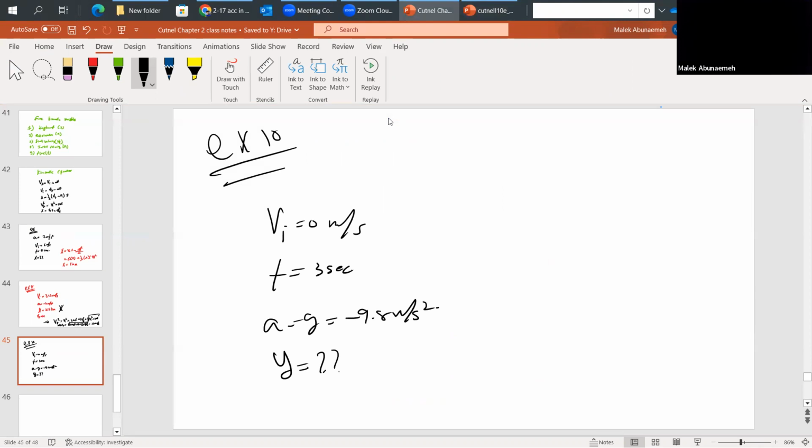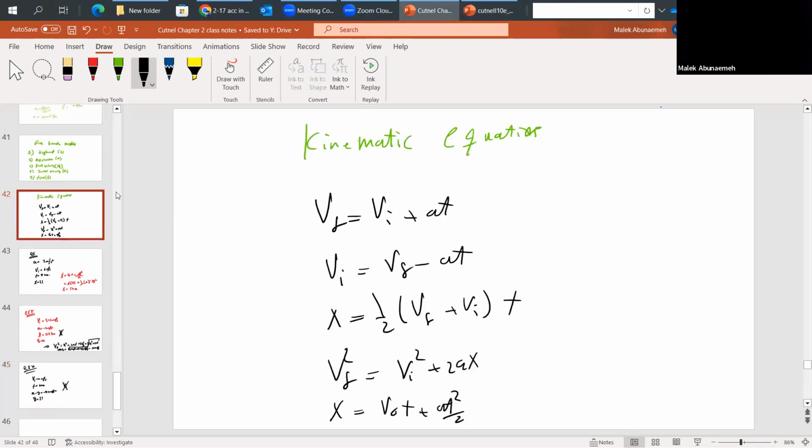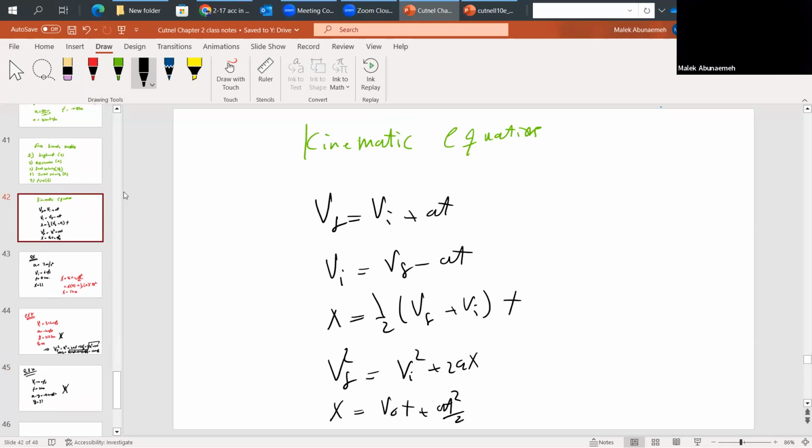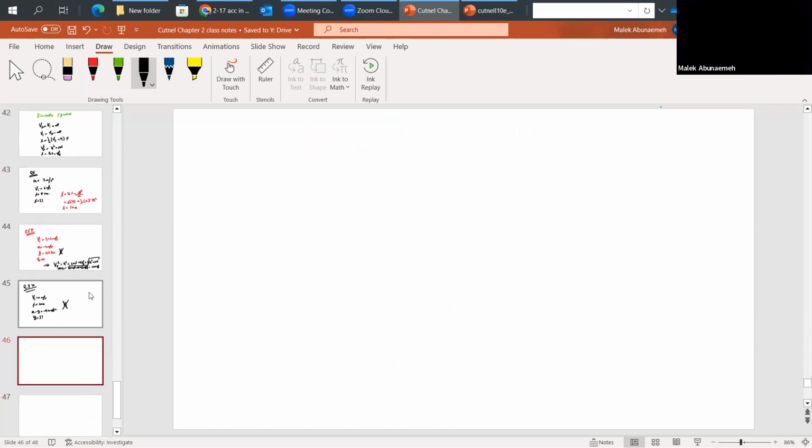Now, notice that we do not have a final velocity, v f. Going back over here, that means you cannot use this one, that one, or this one. That means you can use the final one. We're using x, but since we're going vertical, we can say it's y.